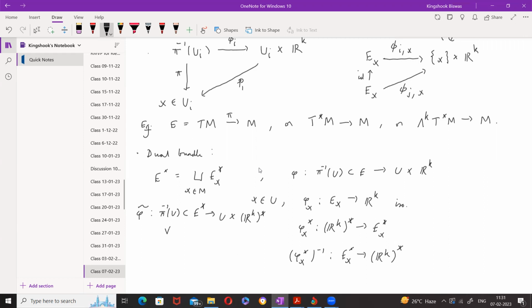So alpha in EX star maps to X comma phi X star inverse of alpha. Is this clear? Okay.